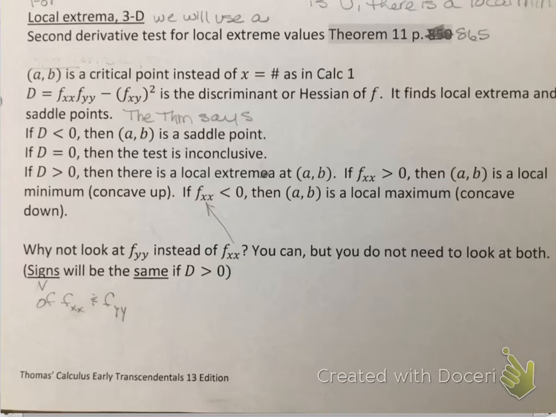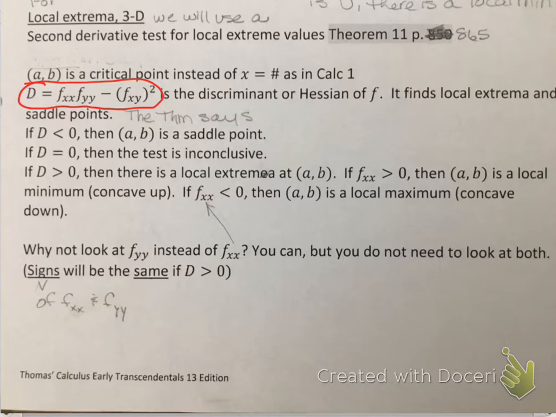That will tell us where the local min or max is occurring. We use something called a discriminant or a Hessian of the function. You're going to want to know that. It finds local extrema and saddle points for us. I'll show you in just a minute what local extrema and saddle points look like.